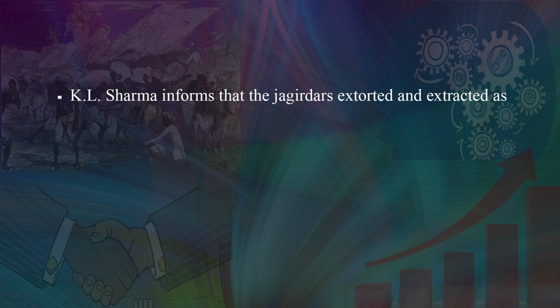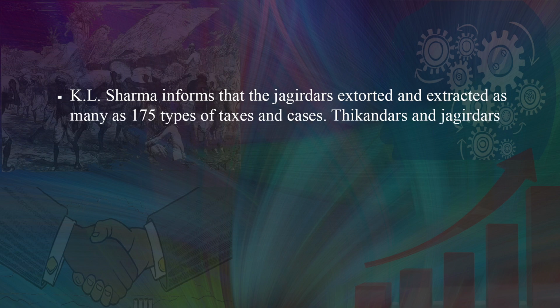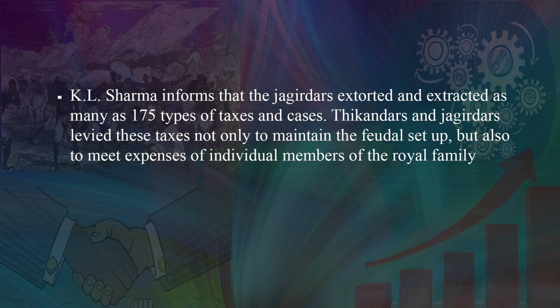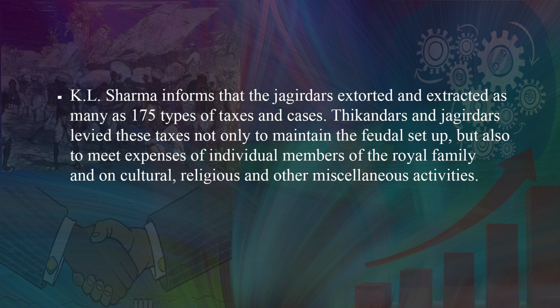K.L. Sharma informs that the Jagirdars extorted and extracted as many as 175 types of taxes and cases. Tikandars and Jagirdars levied these taxes not only to maintain the feudal setup but also to meet expenses of individual members of the royal family and on cultural, religious, and other miscellaneous activities.